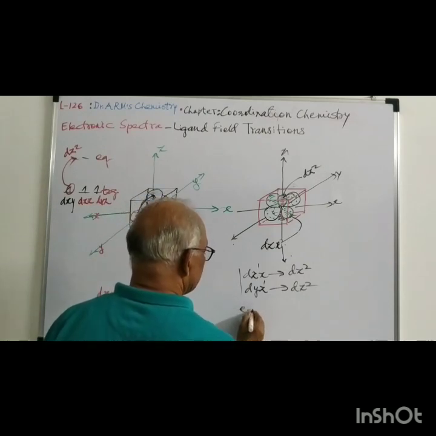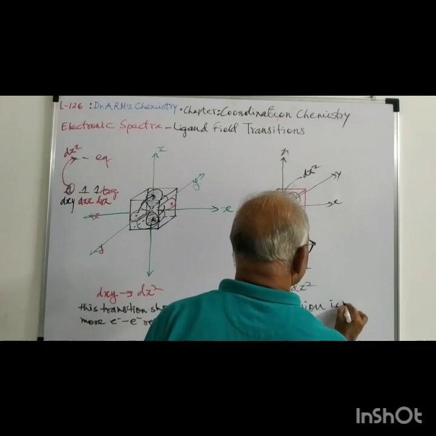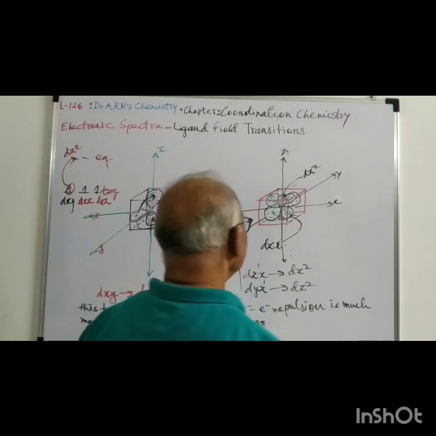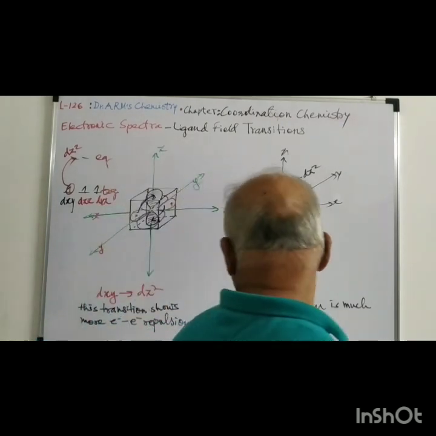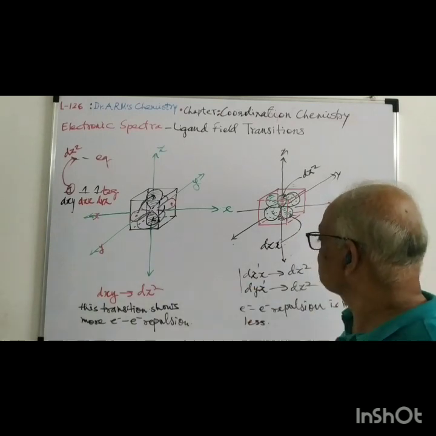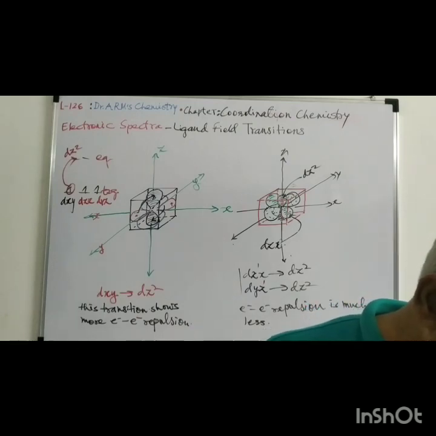So here electron repulsion is relatively less, and that is why it shows a relatively weaker band compared to this type of transition, because it requires a relatively smaller amount of energy.